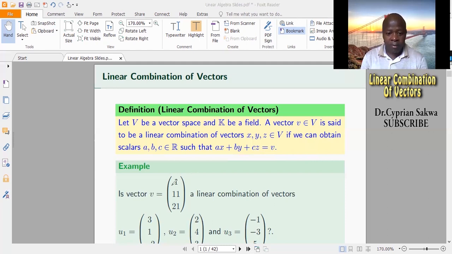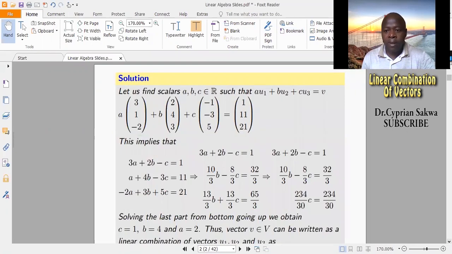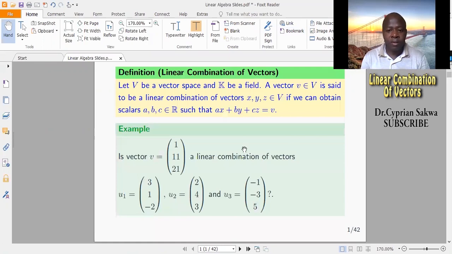So let's look at an example. The first example that I want to look at is to see if vector V can be written as a linear combination of vectors U1, U2, and U3. So I want to see if this vector V here, which equals 1, 11, 21, can be written as a linear combination of U1, U2, and U3.